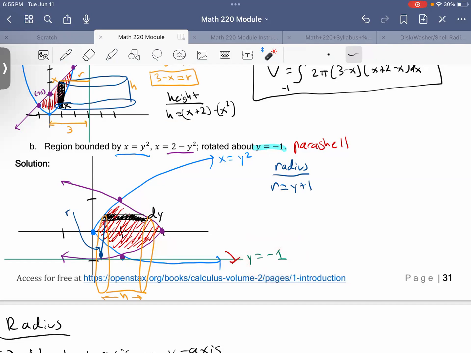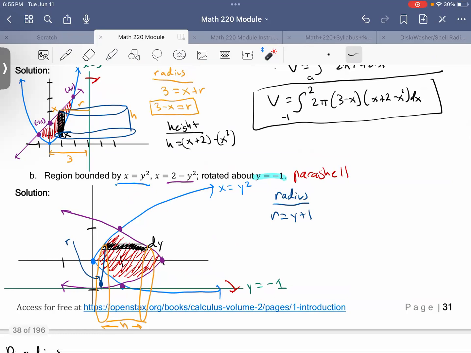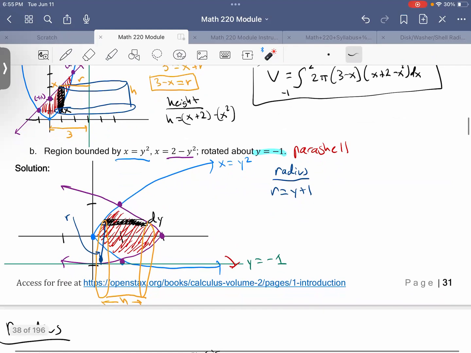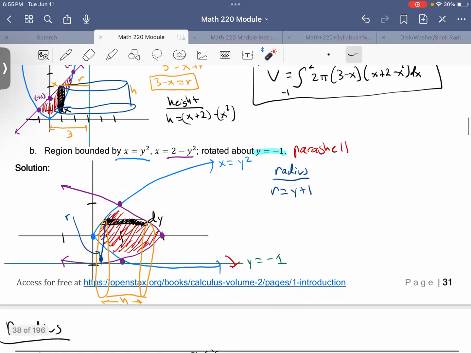Then your height, much like the problem above, is a function minus a function. Although we are in a dy situation, and when that happens, it is right to left. So it would be your right function minus your left function, which is 2 minus y squared minus y squared. Your height is this way, so it depends on what those two functions are at any certain time.